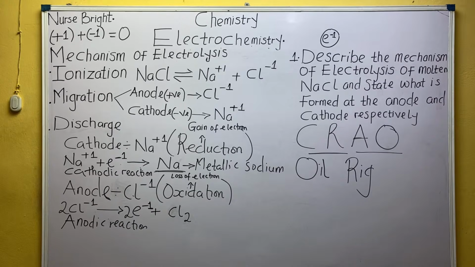The ones that are positive always go to the terminal that is negative, while the ions that are negative go to the terminals that are positive. So you that asked this question, did you get what I just said? Let me know. You got it, alright.